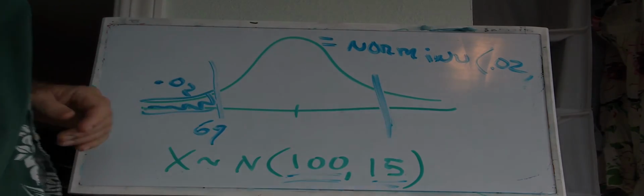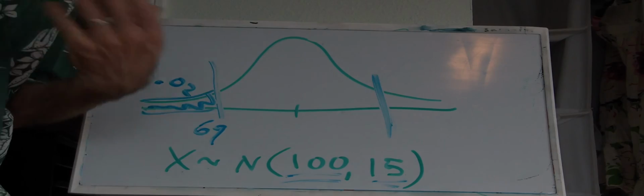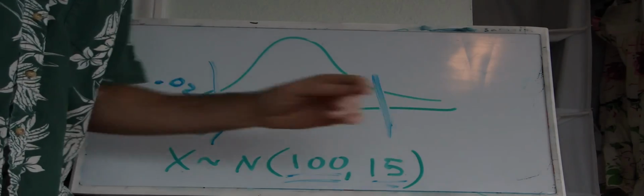So here's my question. What value of x, what intelligence test score, puts you in the top 2%? To get that, you can do it two different ways. The first is using the NORM.INV function in Excel, and it's asking you for a probability to the left.